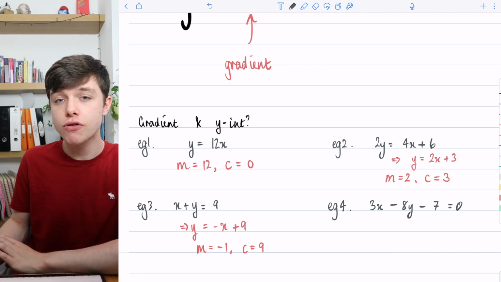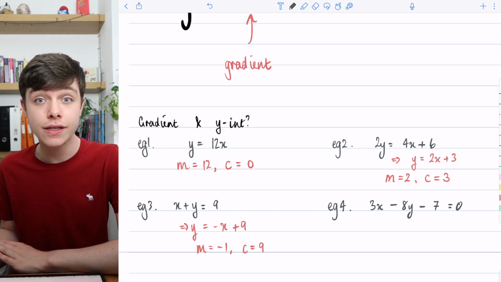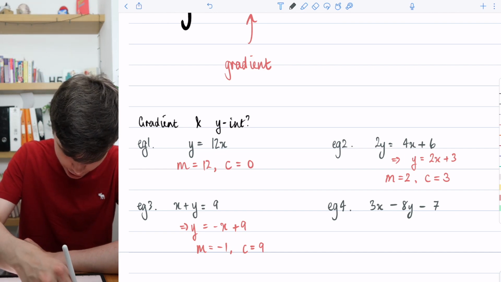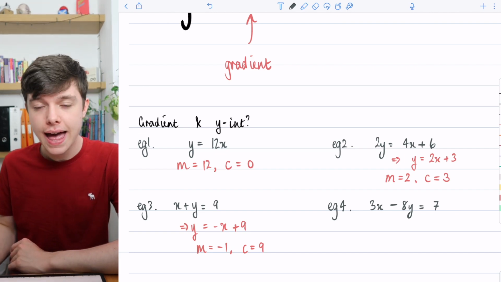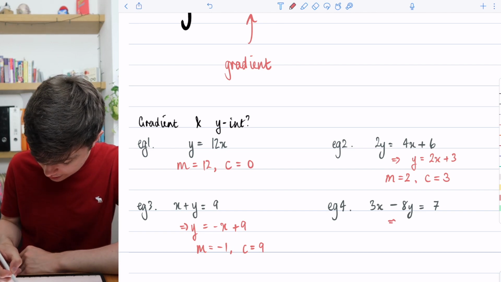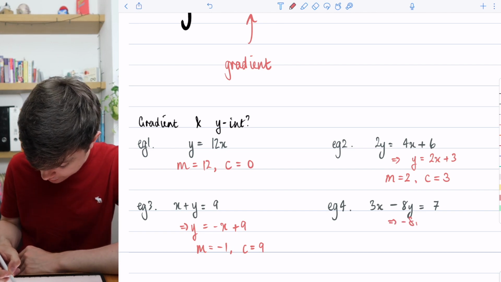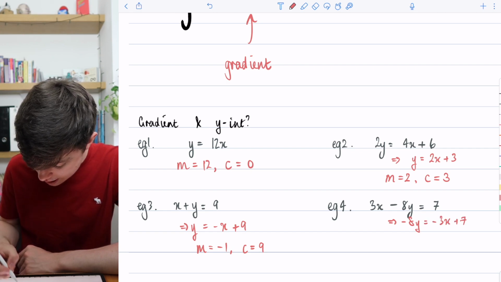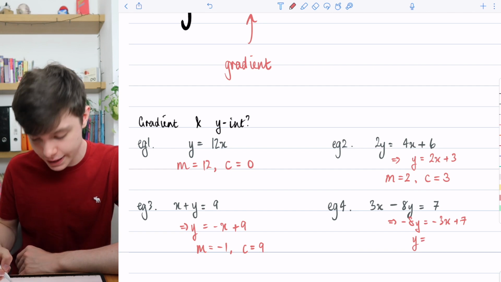Now, to read off the gradient and the y-intercept, we want to get it in the form y equals mx plus c. So I'll go back to that, okay? And I want to get y as the subject here. So what I'll do is I'll minus 3x from both sides to give me that, okay? And then I'll divide both sides by -8.